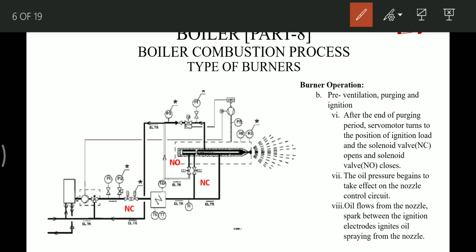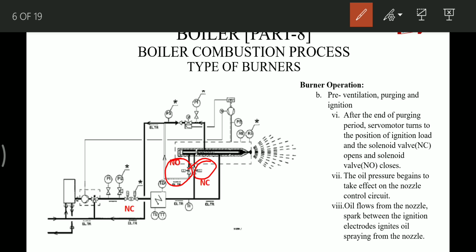After the end of the purging period, the servo motor turns to the position of ignition load, and the solenoid valve which is normally closed opens and the solenoid valve which is normally open closes. That is, this valve which is normally closed gets open and this valve which is normally open gets closed.